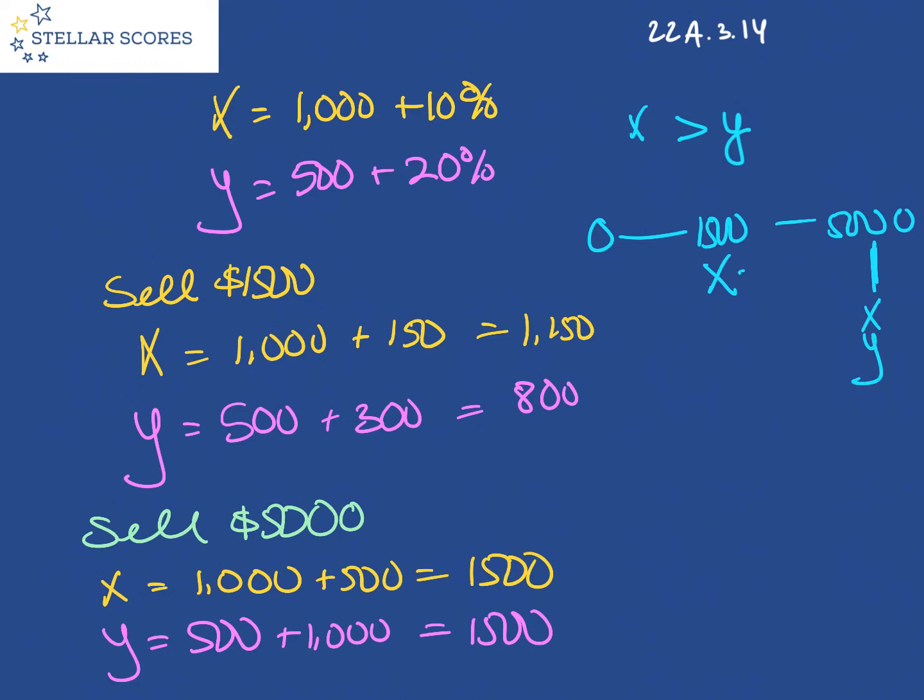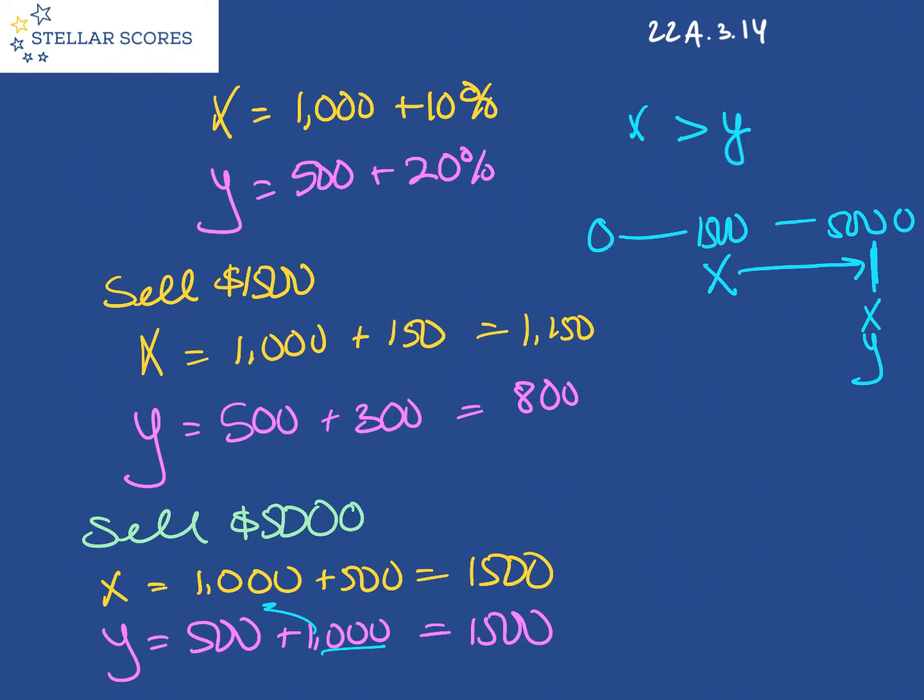So X wins all the way up to 5,000, and then after 5,000, I bet Y will take over because that 20% of more than $5,000 is going to kick in and be more than the $1,000 base that they get there. So we know the key is the 5,000, right?